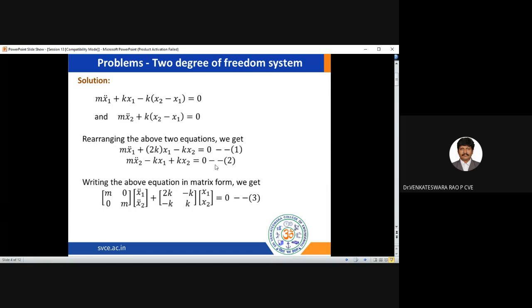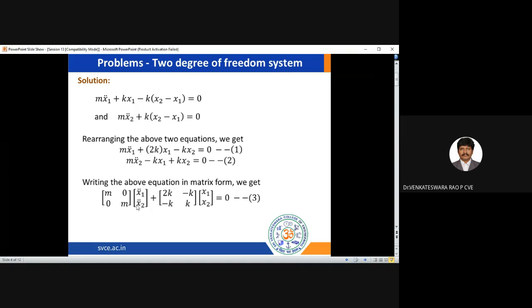After getting these two equations, now one can write the matrix form of these equations, right? If you see the mass matrix, m into x1 double dot is there, acceleration. If you do the multiplication of this mass matrix and the acceleration vector, m into x1 double dot plus 0 into x2 double dot. In the first equation, I do not have the second acceleration component, so x2 double dot is not there.